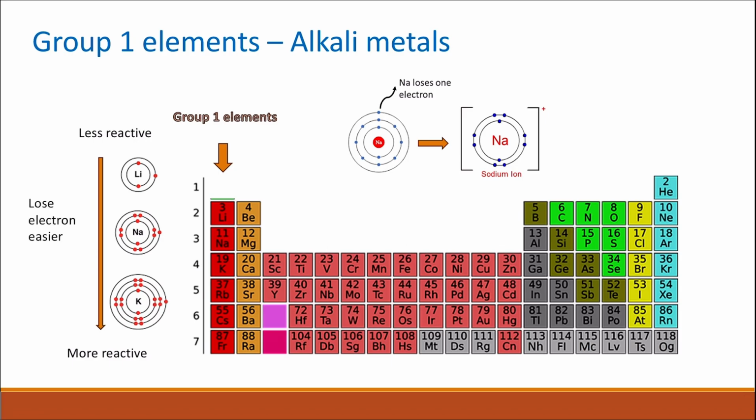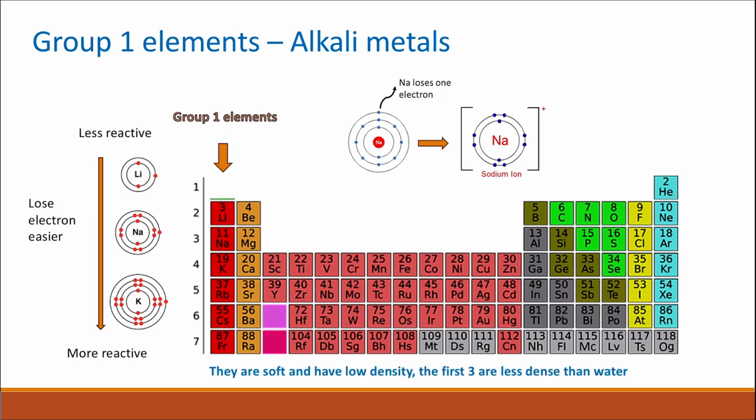So as you go down the group, the outermost shell electron, which is lost, is further away from the nucleus, so it's less attracted to the positively charged nucleus, so more easily lost. So the reactivity down the group will increase.